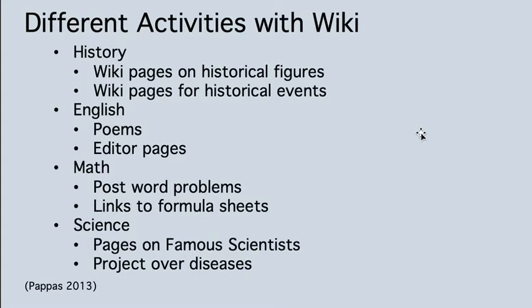If you're a math teacher, you could post word problems on Wiki and allow students to answer them. You can even allow students to work in groups and create word problems for other groups to work. If you're a science teacher, you could have students create a page over a famous scientist or work on a project over maybe a disease. You may have other ideas of activities that you could do with wikis, and these are just a few.